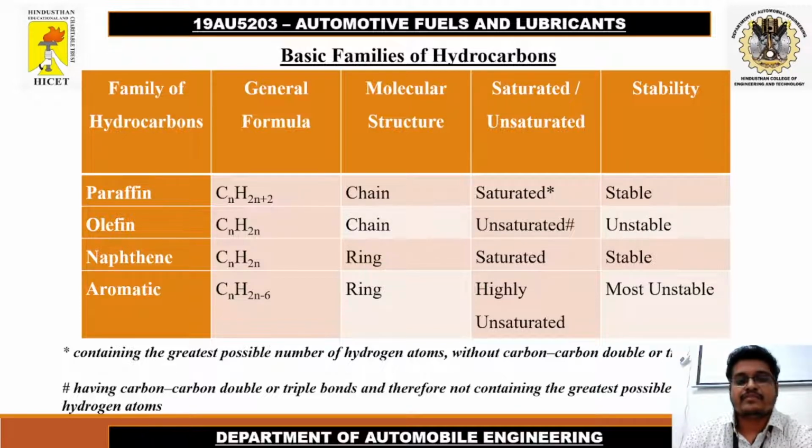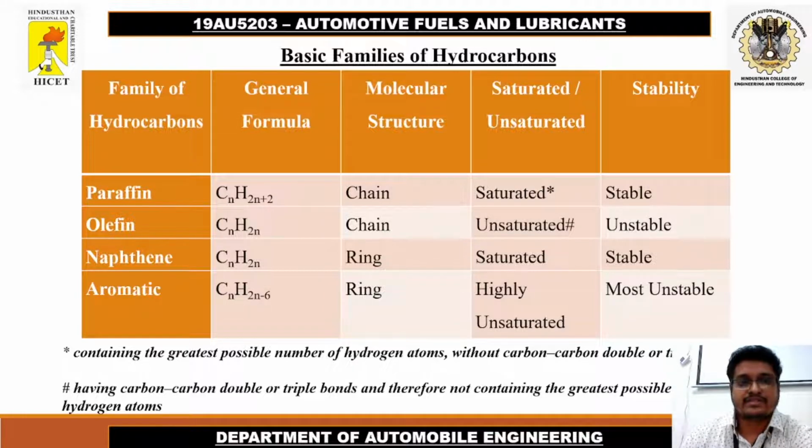Saturated means it contains the greatest possible number of hydrogen atoms without carbon-carbon double bonds or triple bonds, which means it is easily breakable. In this type of hydrocarbon, the chain or link can be easily broken and a desired chain of structure can be obtained. It is very easy and it is also very stable.